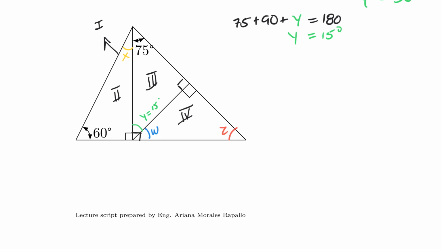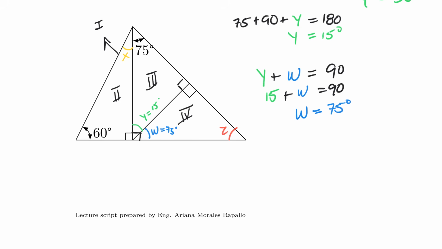So if this angle is 15 degrees and this entire angle is 90 degrees, we could easily solve for W. So let's go ahead and solve for W. We say that Y plus W should be equal to 90 degrees. And we already know that Y is 15. We don't know W. And we know 90 degrees. So we could say that W is equal to 75 degrees. So this angle right here is 75 degrees.